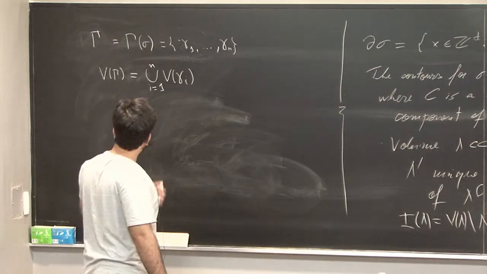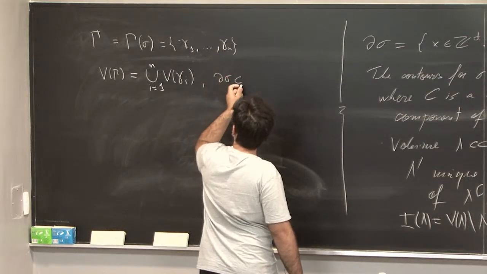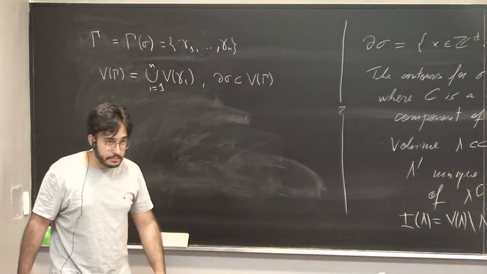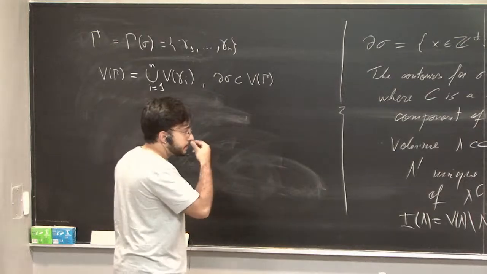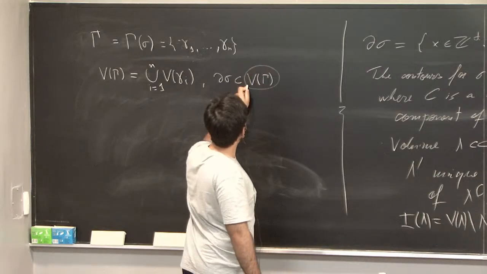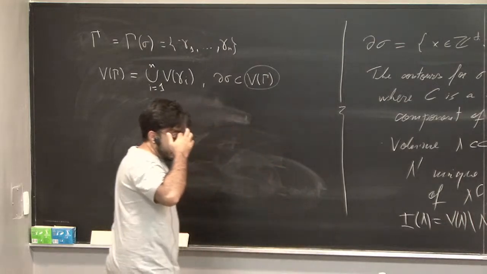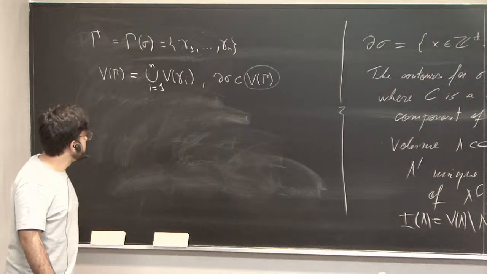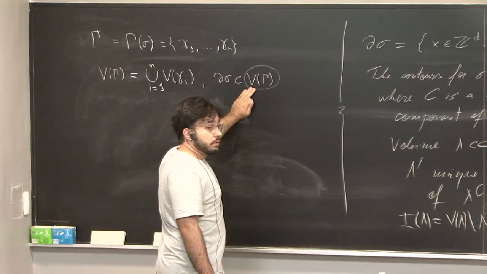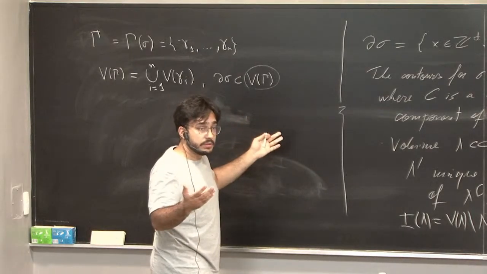So what is nice about this set is that the incorrect points for sigma will always be inside V gamma. Okay? So this means that outside V gamma, in the complement of V gamma, you only have correct points. But remember, this set V gamma doesn't have holes. So if it doesn't have holes, the complement is just the unbounded component.